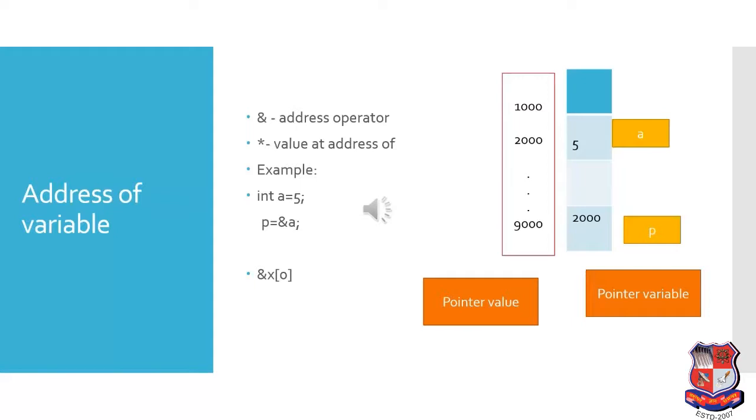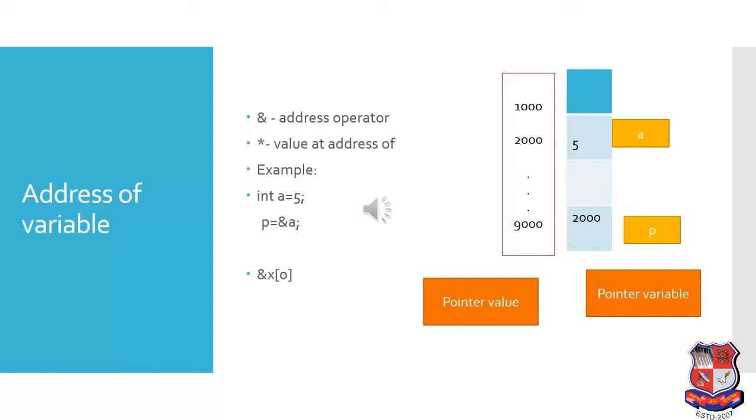Clear? Remember, these addresses cannot be stored in a normal variable. We need a special type of variable called pointers to store the addresses. So if we are writing p = &a, that means p should be a pointer.